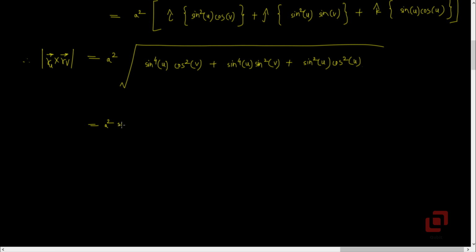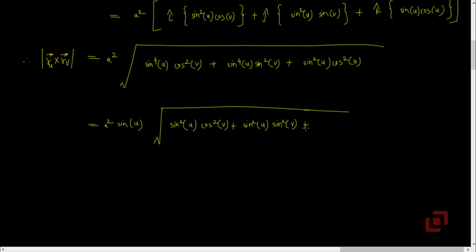So we will have sin u outside the root into root of sin squared u cos squared v plus sin squared u sin squared v, and the last term will be cos squared u.